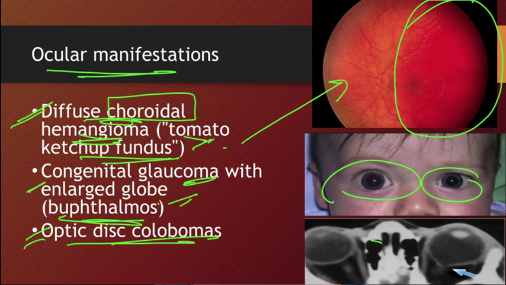If you compare with this globe which is smooth and round, here we are seeing this projection. So this is nothing but a coloboma. So these are the three ocular manifestations. The most important you need to remember is the choroidal hemangioma, which gives rise to the tomato ketchup appearance, and congenital glaucoma. So this is it for Sturge-Weber.